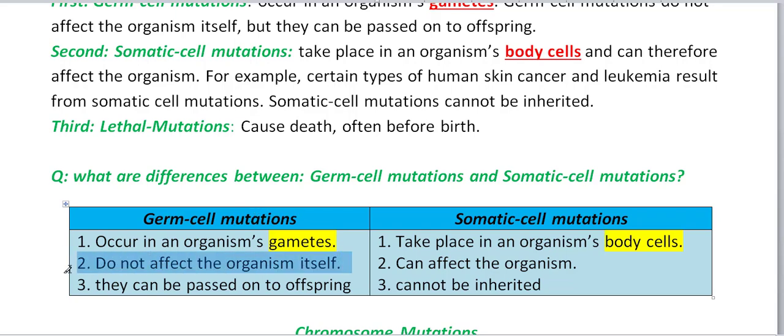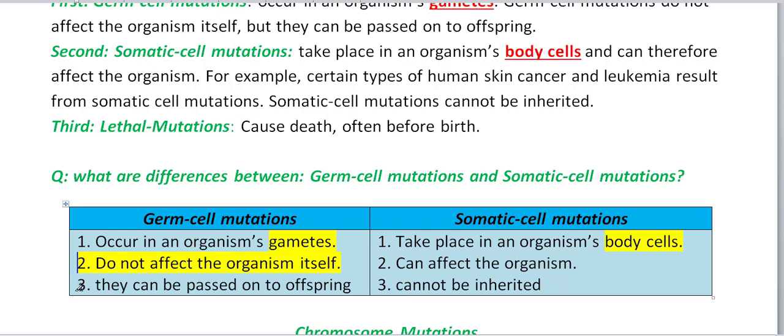For example, if a male has a mutation in his gamete, it does not affect the male himself, but this male transfers abnormal gametes to his offspring. But somatic cell mutation can affect the organism itself, but it does not affect the offspring and cannot be inherited, while germ cell mutation can pass on to offspring.